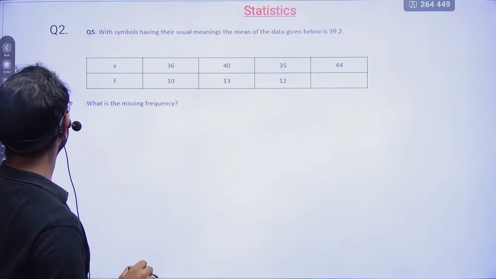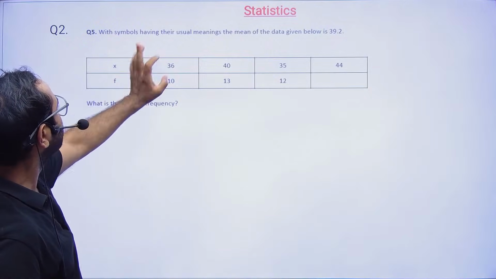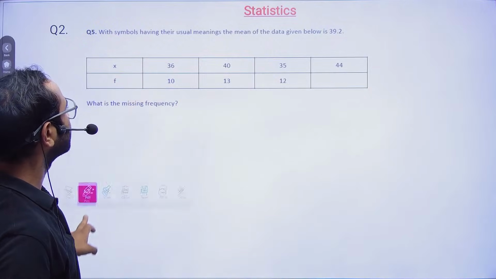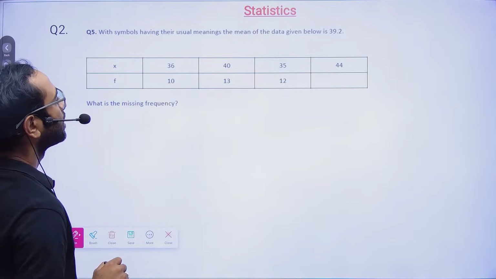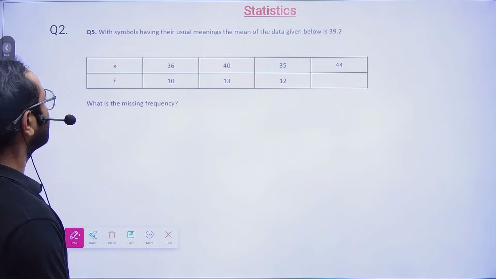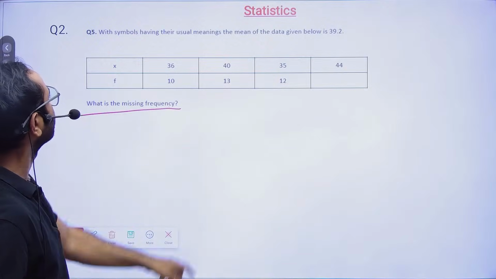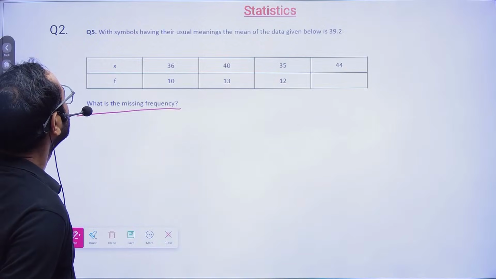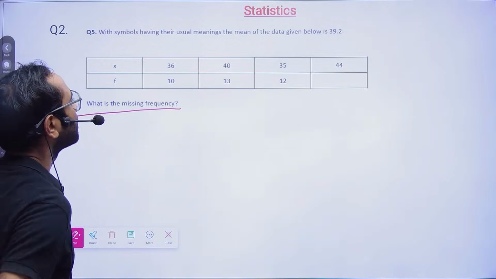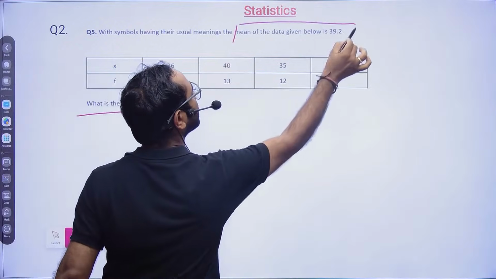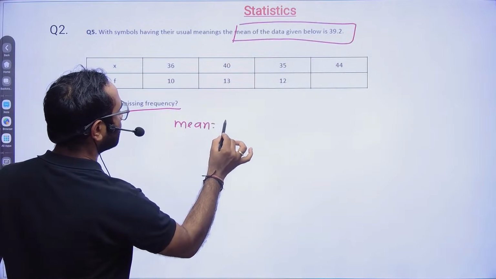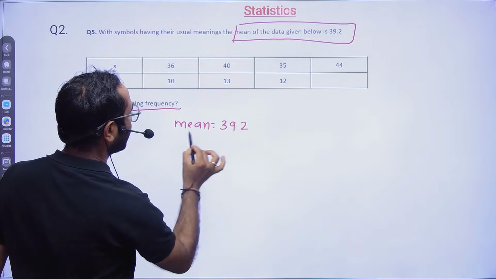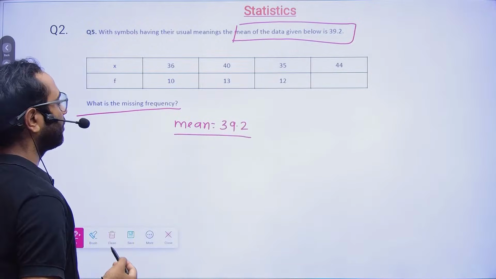Question number 2 is: with symbols having their usual meanings, the mean of the given data below is 39.2. What is the missing frequency? So the mean is given as 39.2, and you need to find out the frequency.